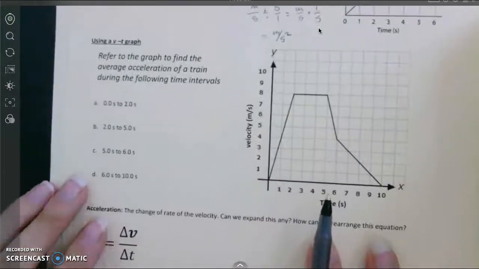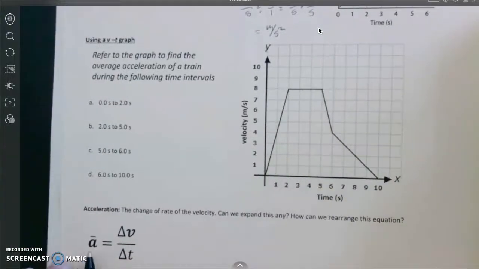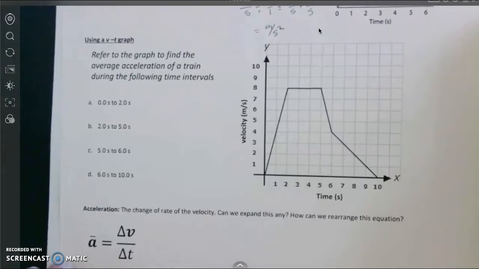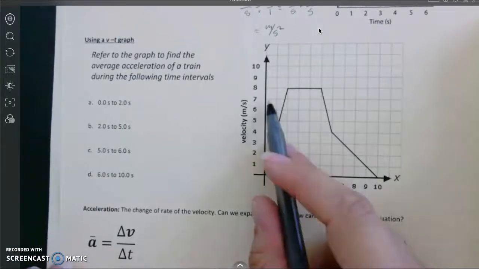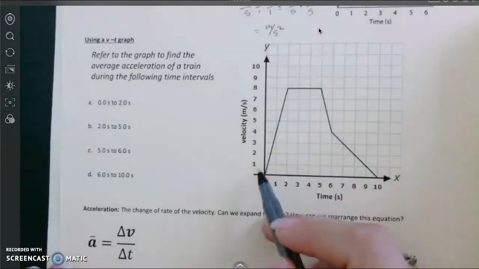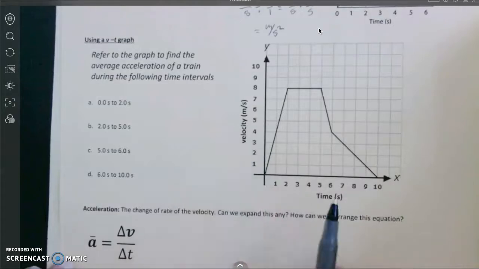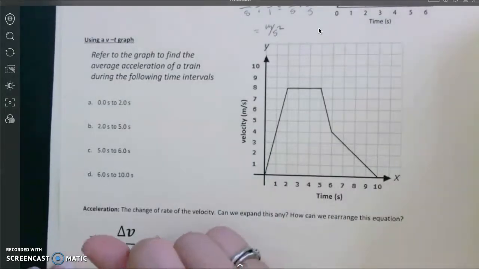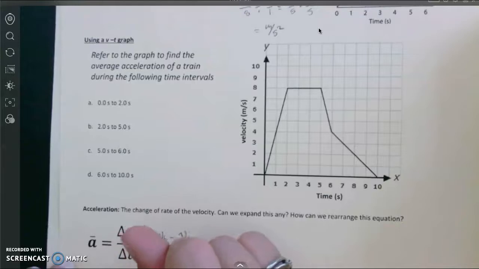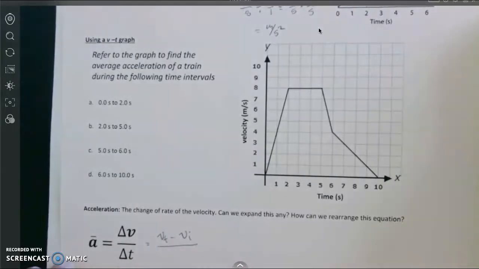And so I want you to see, we have kind of our equation down here. So rise over run, or the change in my velocity divided by my change in time, that's what we have here. So that's the same thing as velocity final minus velocity initial divided by time final minus my time initial. Okay, and that's my average acceleration here.